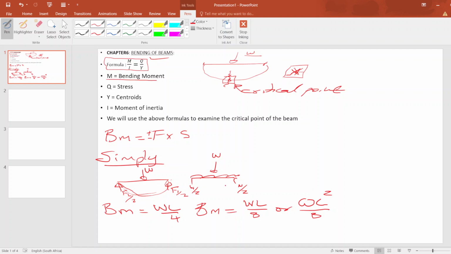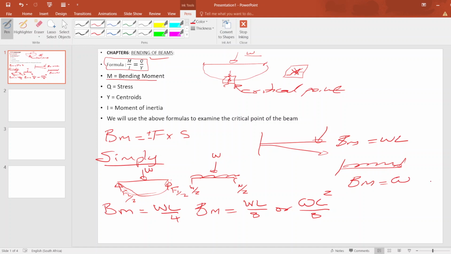Then if we are dealing with cantilevers, the formula that we will be using in calculating the bending moment, if it's a cantilever, will be W multiplied by L. But if the cantilever has the extra load on top of it, then in calculating the BM, it will be the uniformly distributed load multiplied by L squared divided by 2, or it will be WL divided by 2.